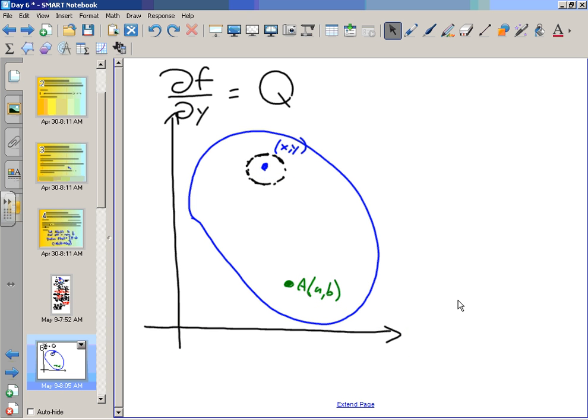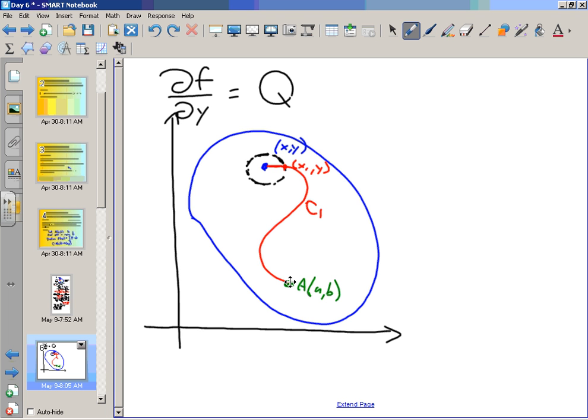Because of path independence, we can define another path that would accomplish the same thing, and it would be the same integral. We would have some curve C1, and we would come to right here, and then the last segment would be perfectly horizontal. So this would be x1, y, and we would go over to x, y.